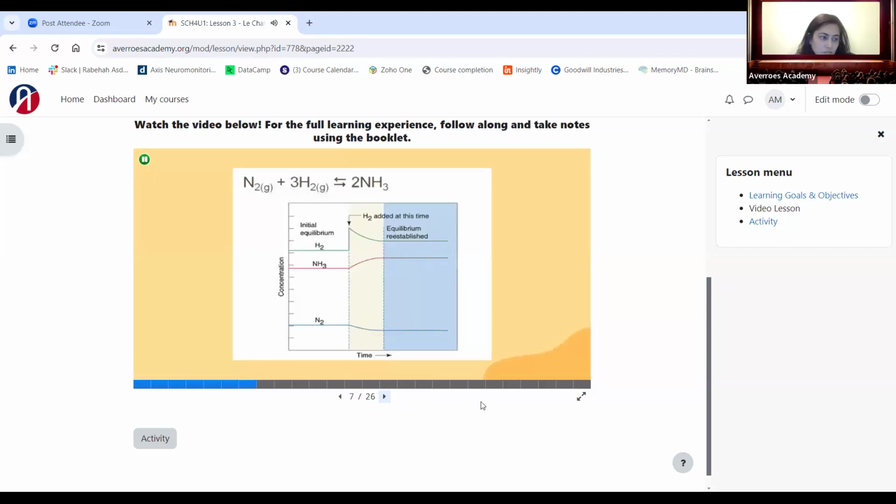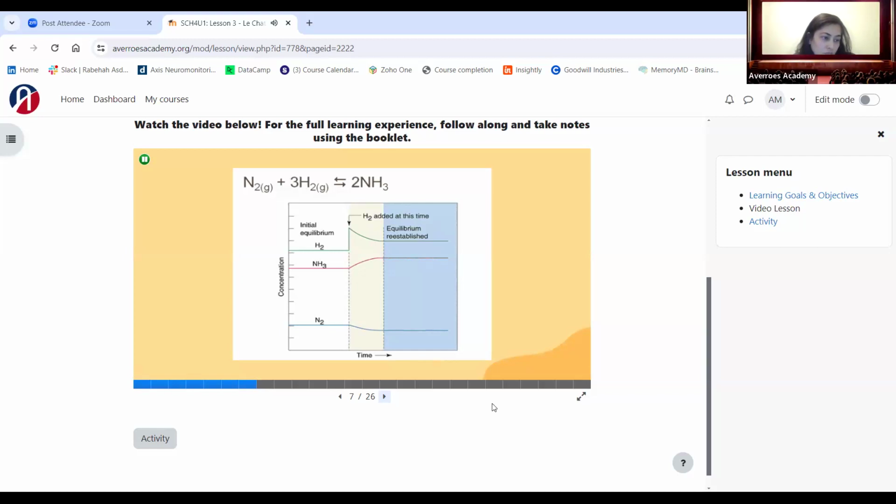So looking at another example, using nitrogen gas plus hydrogen gas yielding ammonia, NH3, you can see in our concentration versus time graph, we have our initial equilibrium values in the white column for hydrogen gas, ammonia, and nitrogen gas. And then we have the non-equilibrium phase, and that's after that first dotted line where we add some hydrogen gas.